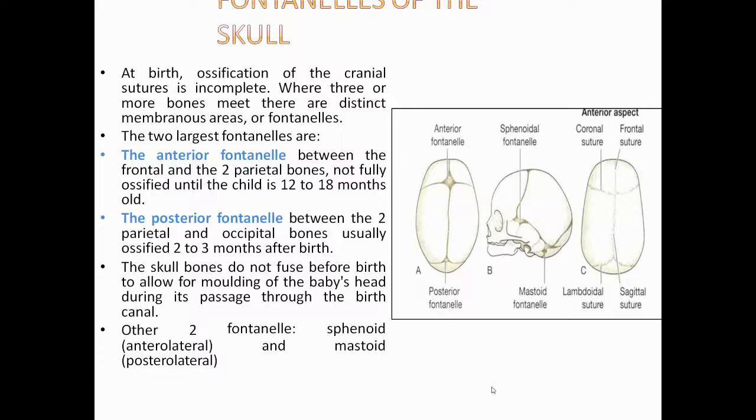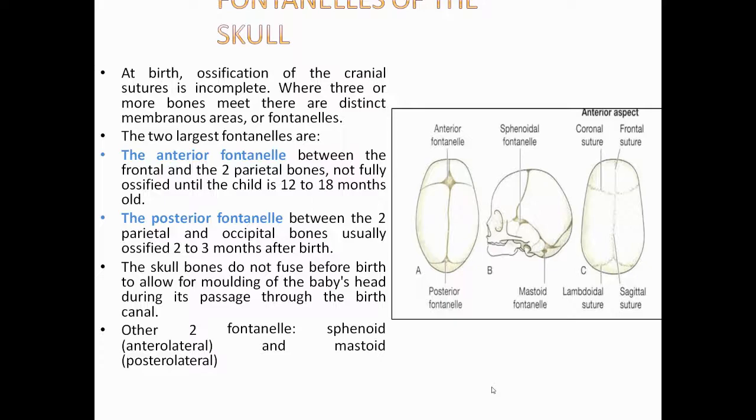The anterior fontanelle is between the frontal and two parietal bones, and is not fully ossified until the child is 12 to 18 months old. The posterior fontanelle is found between the two parietal bones and the occipital bone, and is usually ossified 2 to 3 months after birth.